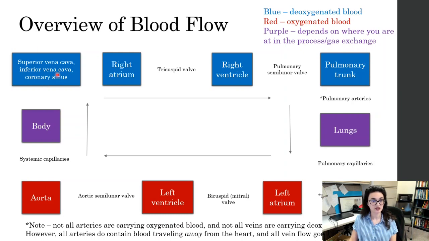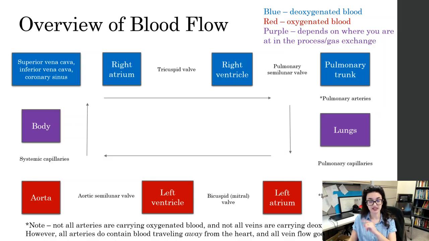So that all gets to the right atrium, goes through the tricuspid valve to get to the right ventricle. You go through the pulmonary semilunar valve to get to the pulmonary trunk and the pulmonary arteries, left and right, to the lungs. In the lungs, there's a gas exchange. You're exchanging carbon dioxide for oxygen, right? Depends on which side of the capillary you're on to see if you're oxygenated or deoxygenated.